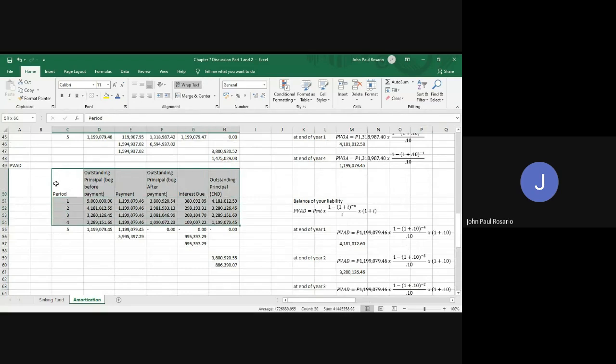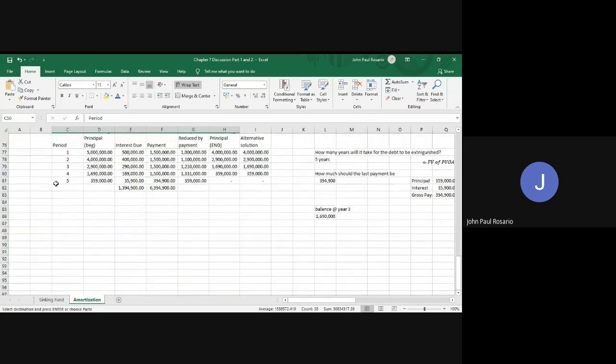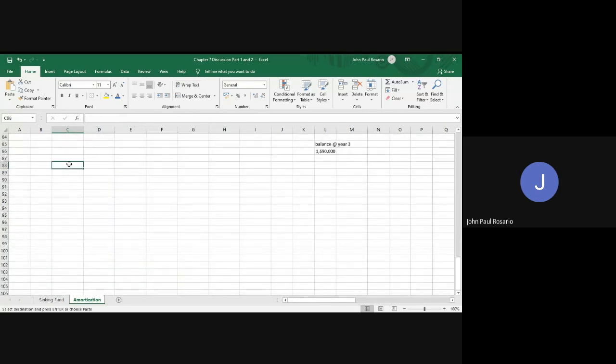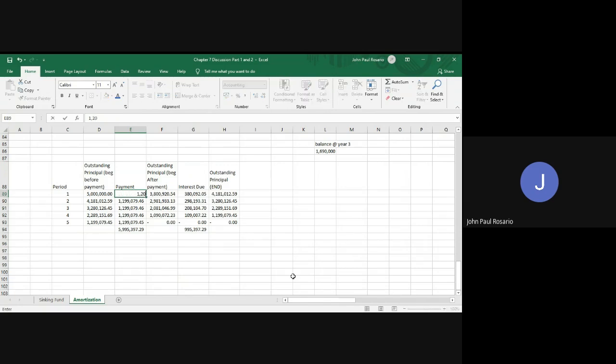Let's see if we can still make use of the formula I was able to discover. Okay. So this is for unwetted Jew and the payment is instead of 1199 is 1200. Or to be fair, 1300 na lang. So pila ka payments iyahang need.